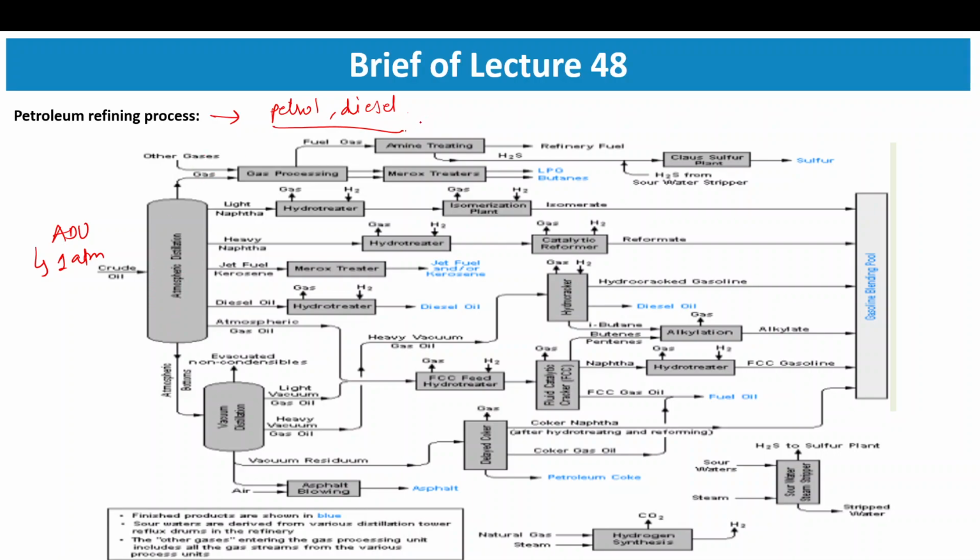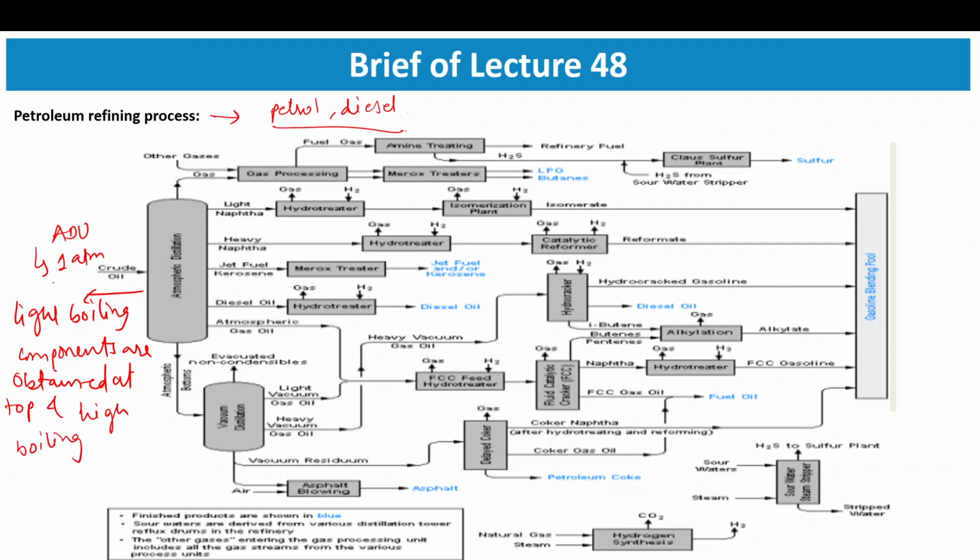Now this crude oil will have n number of components in it, right? The distillation column operates on the principle that light boiling components are obtained at the top and high boiling components at the bottom.